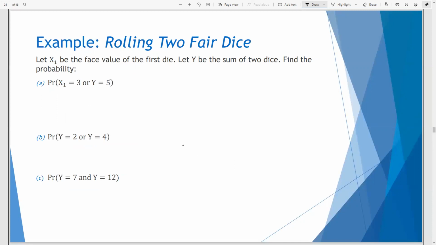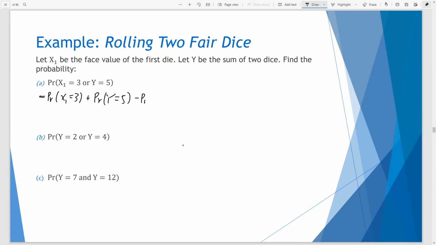The next question. Let X1 be the face value of the first die, and Y be the sum of two dice. Find the probability that X1 is equal to 3 or the sum is 5. Just use the formula: plus the sum to be 5, minus the case that the first die is 3 and the sum is 5.